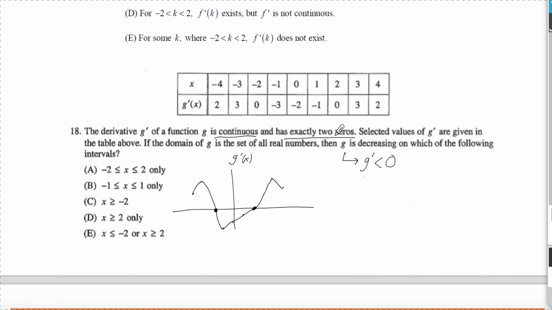So if it crosses here and here, at x is -2 and x is +2, then on the interval -2 to +2, my derivative is negative. Because if I only have 2 zeros, on this interval is the only time when g prime is going to be negative, because the rest of it has to stay above the x-axis, no matter what it does up here, right? So my correct answer here would be A.